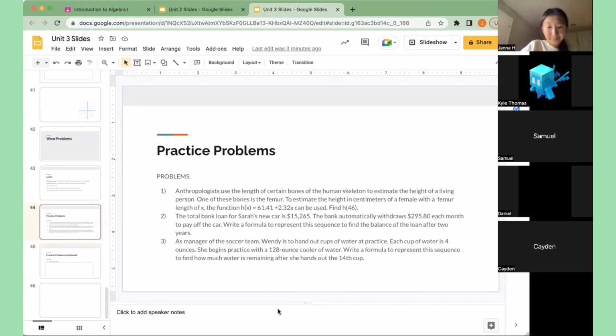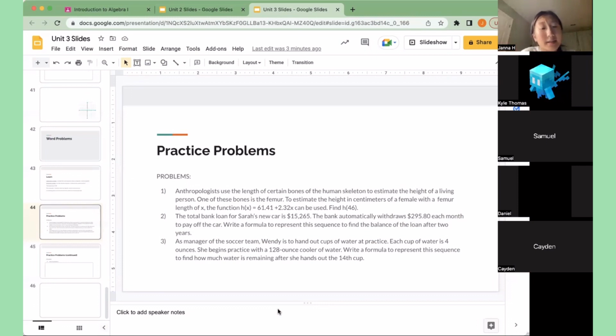Okay, so f of x would be the original car payment on its own, $15,265. So that's standing alone. Everything else, the withdrawal from each month, is added on to this. So $295.80 per month.